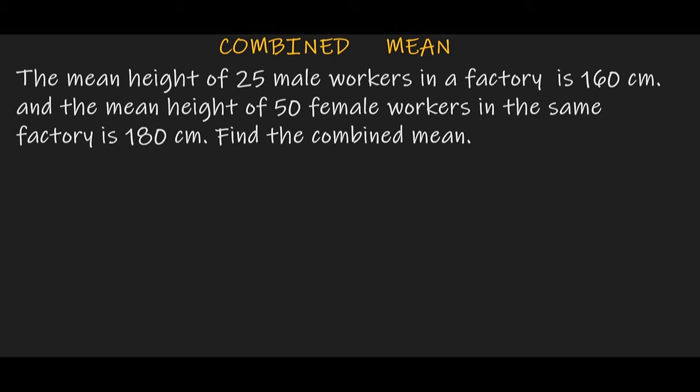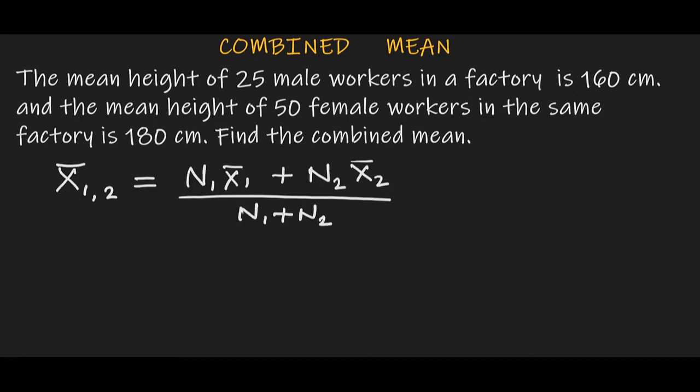So, there is a formula of combined mean. It is like this. Mean 1,2 is equal to n1 mean 1 plus n2 mean 2 divided by n1 plus n2. So here in this question, 25 male workers are in a factory, so n1 is 25, and similarly there are 50 female workers as well, so n2 is 50.